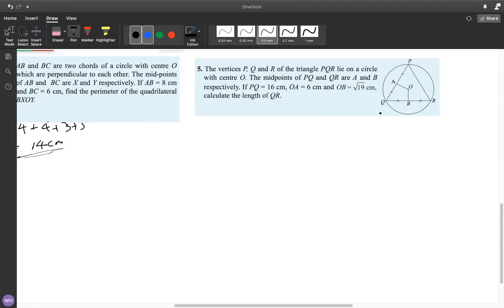And the PQ length is 16, which means this is 8, this is 8. OA is 6 centimeters. OB is root 19. Calculate the length of QR.